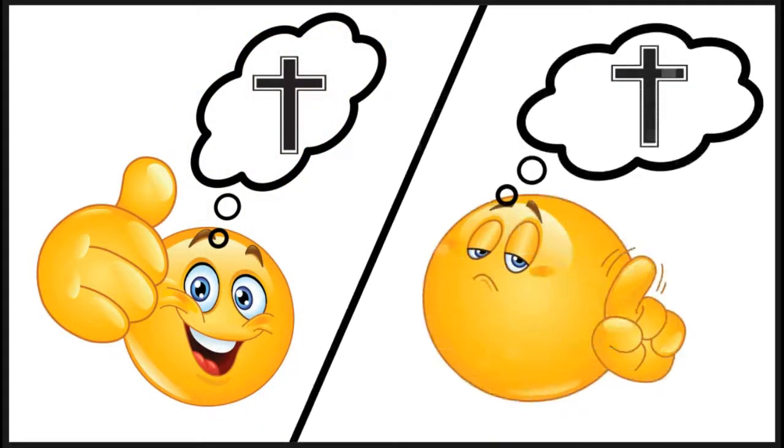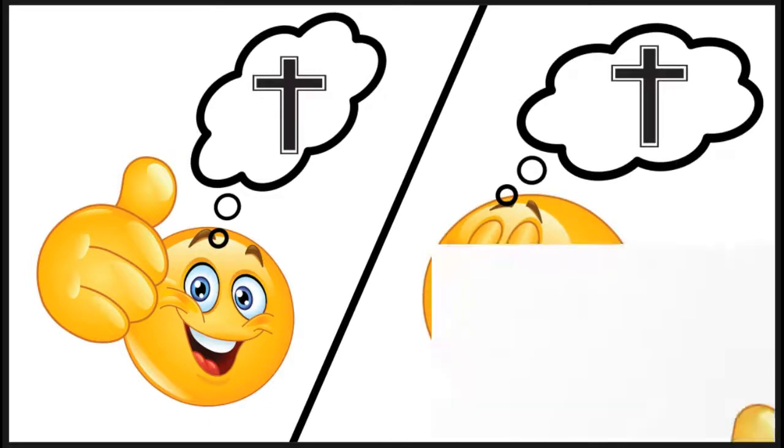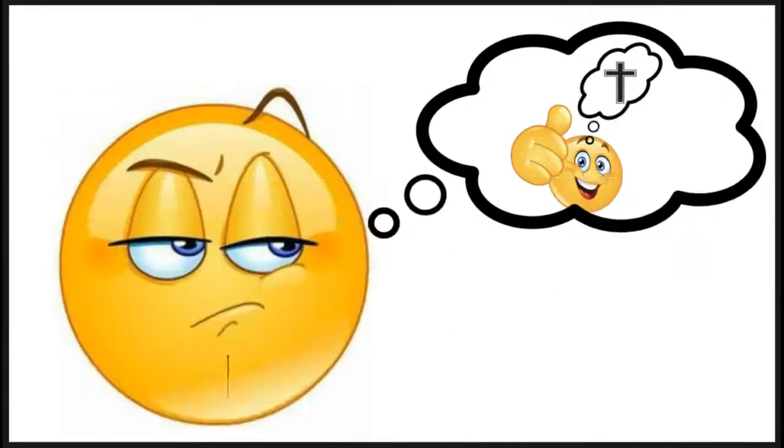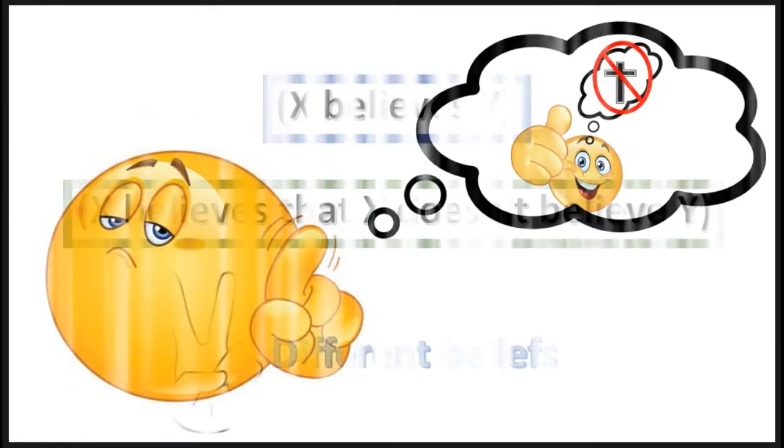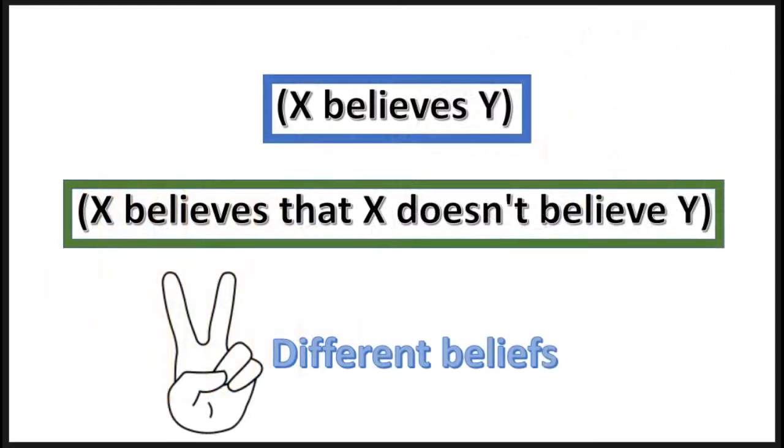It's not that you know God exists and that you don't know God exists at the same time, but rather it could be that you know God exists and then you have a higher order belief, that is, a belief about your belief. So you believe that your belief about God is false. It's kind of like this. X believes Y, and X believes X does not believe Y. These are two different beliefs.